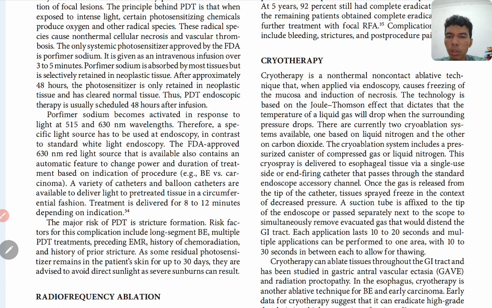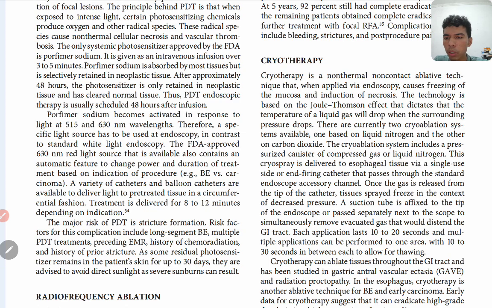Porfimer sodium becomes activated in response to light at 515 and 630 nanometer wavelength. Therefore, a specific light source has to be used at endoscopy, in contrast to standard white light endoscopy.